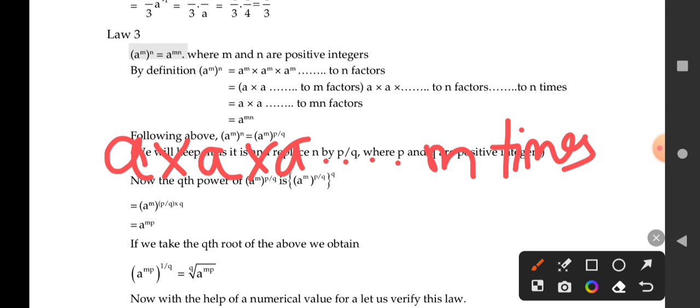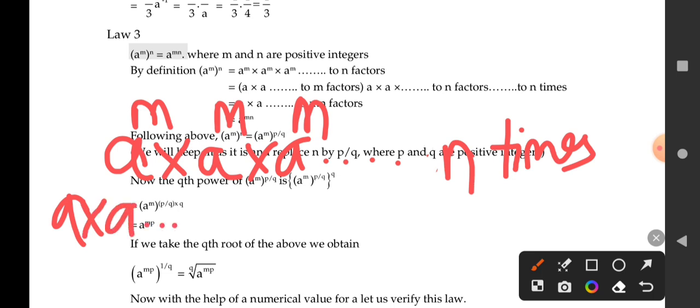Or maybe directly let's open the last bracket. a raised to m, a raised to m, a raised to m, n times. Here we will write n times, okay? Correct? And what does a raised to m mean?